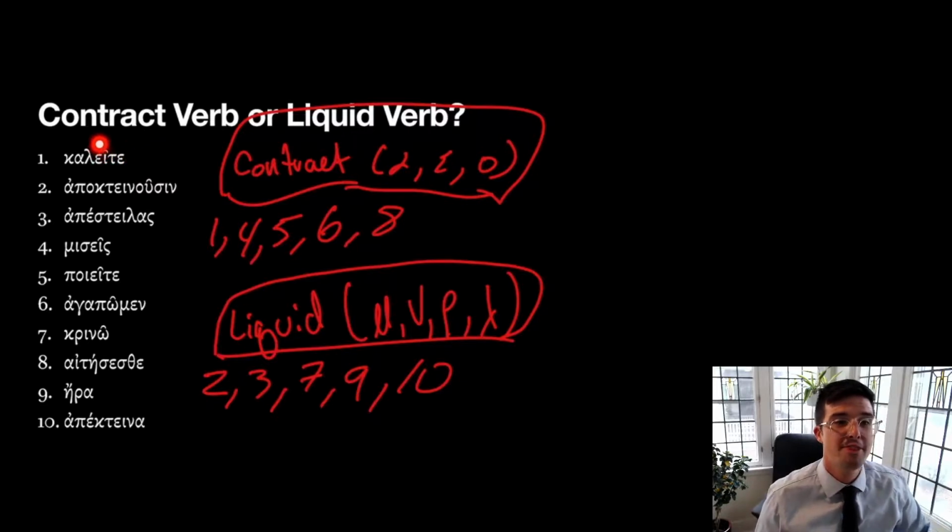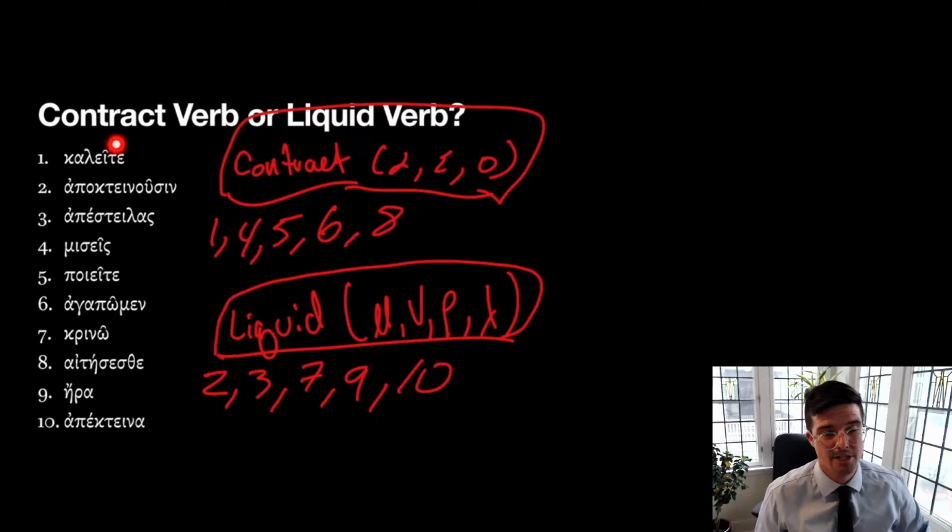Kalete. You might think this is a liquid verb because of this lambda, but this is not the last letter of the stem. This is from kaleo. So the epsilon here, the contract of the epsilon iota, is from the epsilon of kaleo combining with the eti of the second person plural ending here.